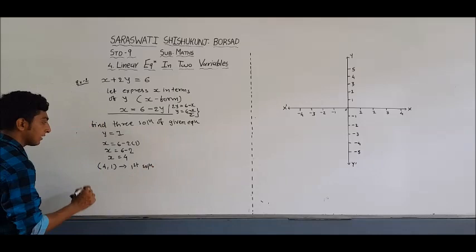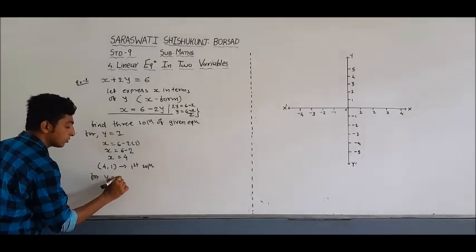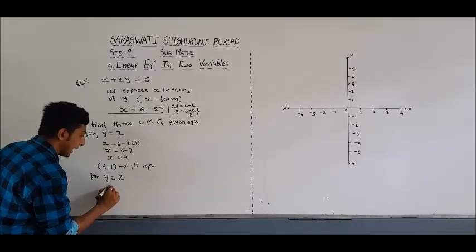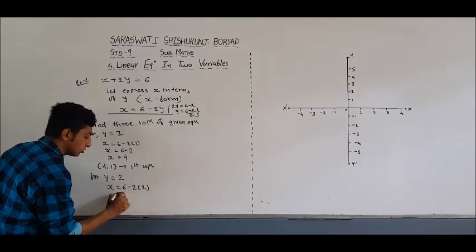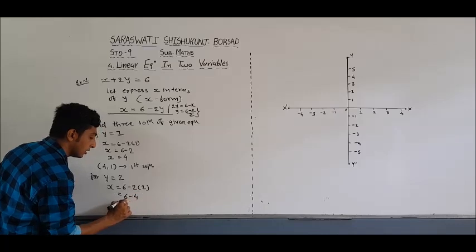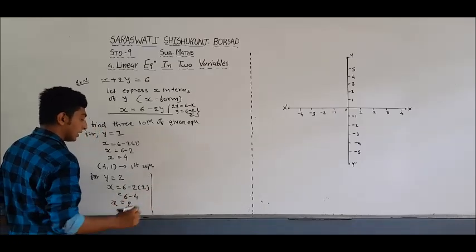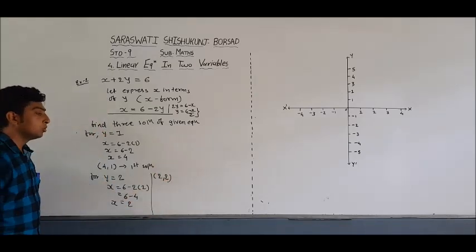Let us take another value, y equal to 2. For y equal to 2, x equal to 6 minus 2 into 2, so 6 minus 4 equal to 2. So our second solution is (2, 2).